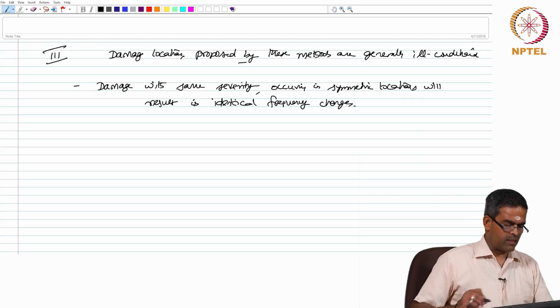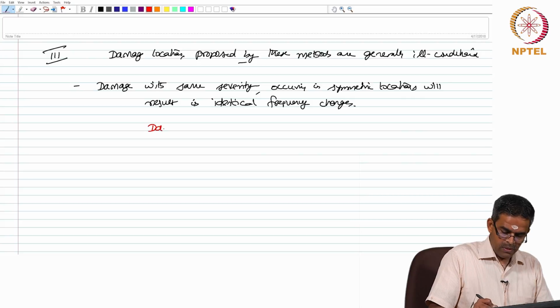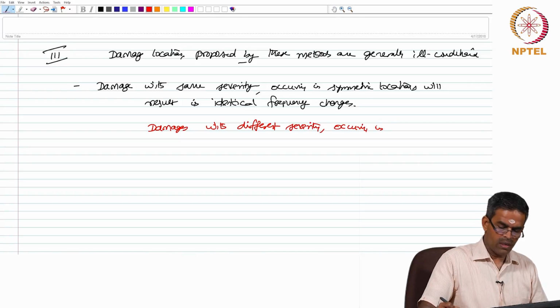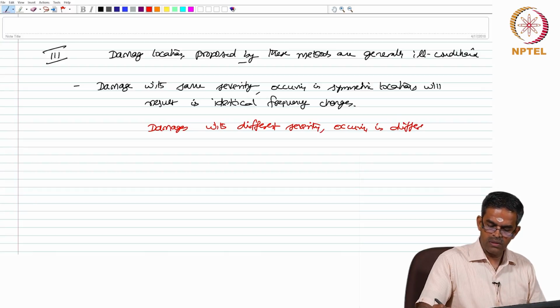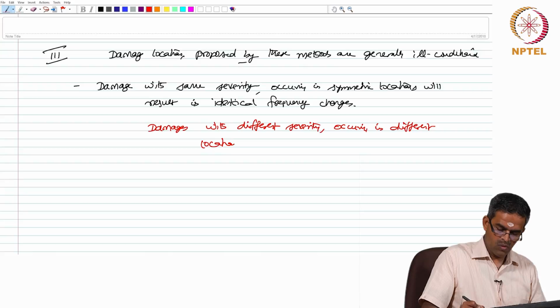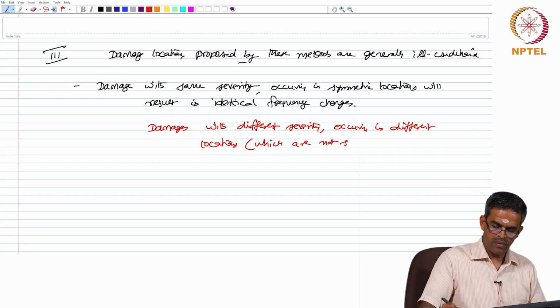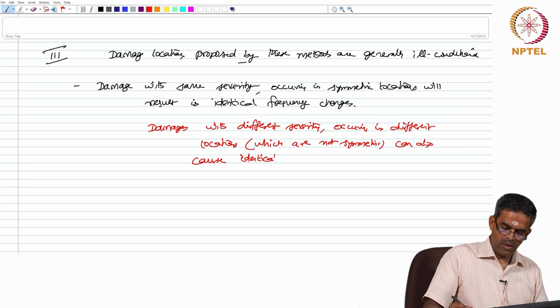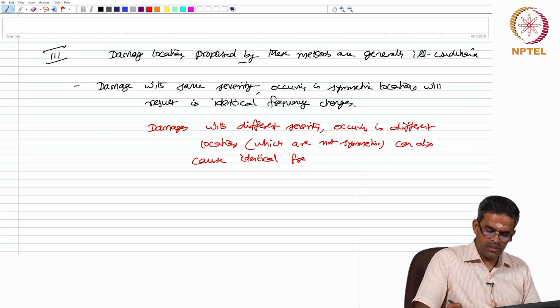You may think it is an advantage, but please note damages with different severity occurring in different locations which are asymmetric can also cause identical frequency changes.